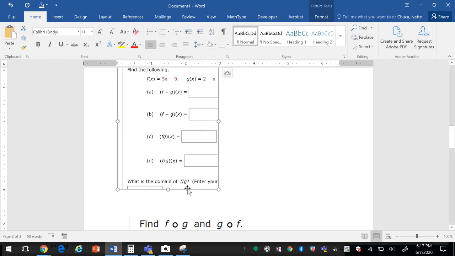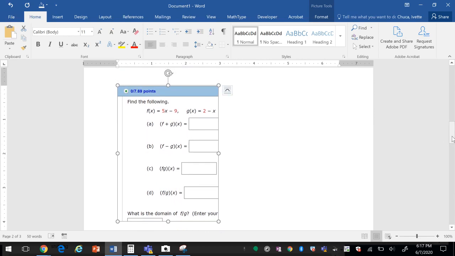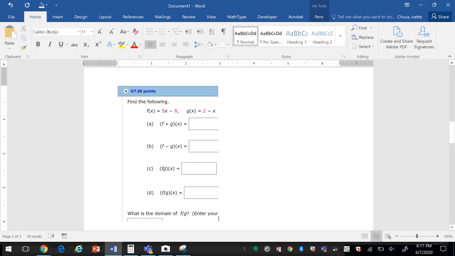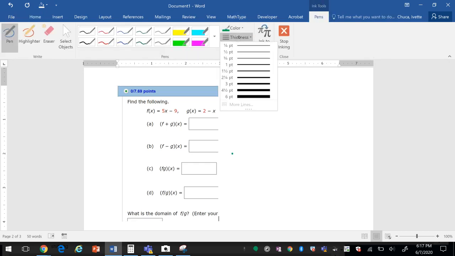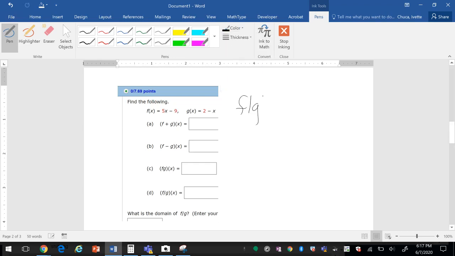I'm going to look for the domain of f divided by g. Okay, so first we need to figure out what that is. So let's go ahead and, so f divided by g is equal to f of x divided by g of x. So f of x here is 5x minus 9 divided by g of x, which is 2 minus x.